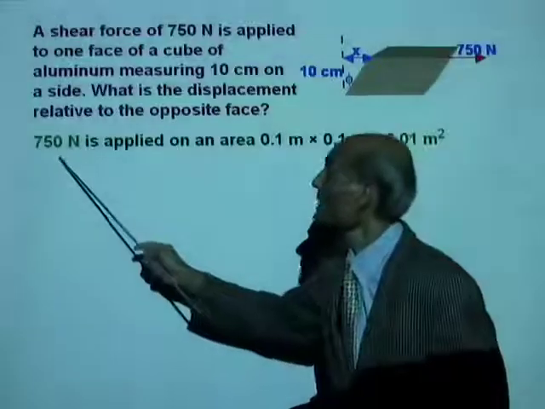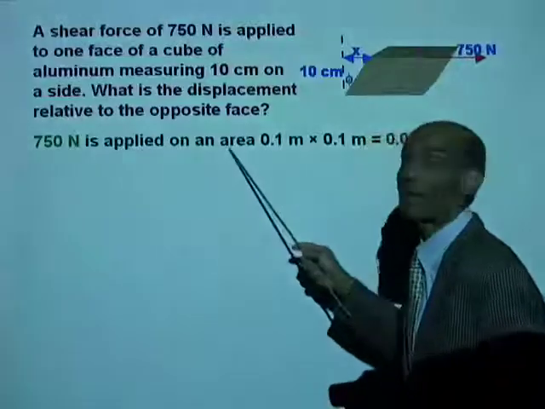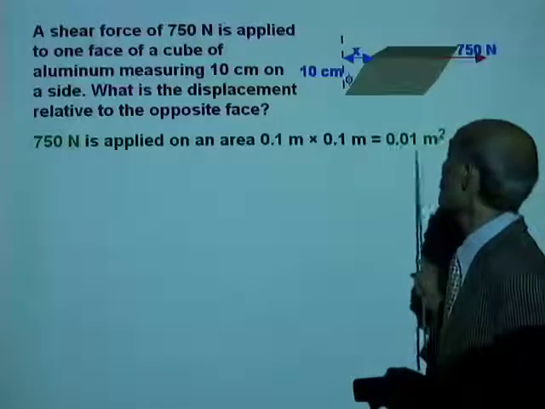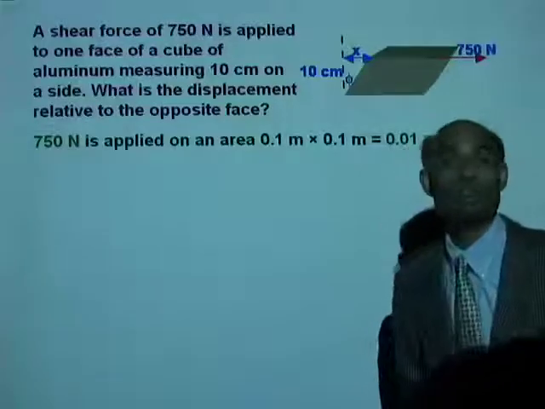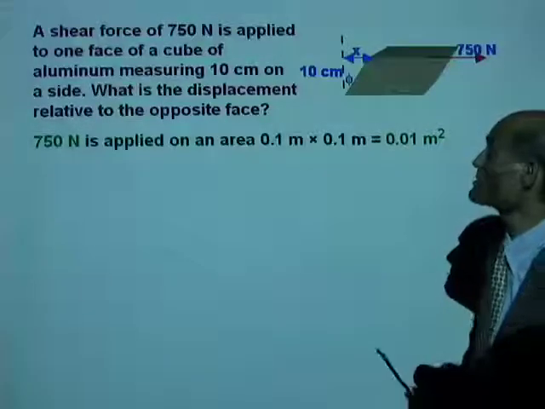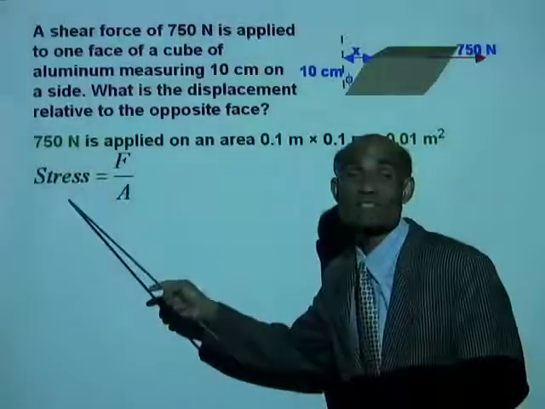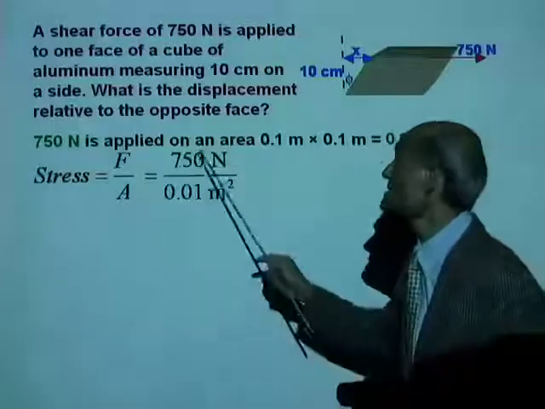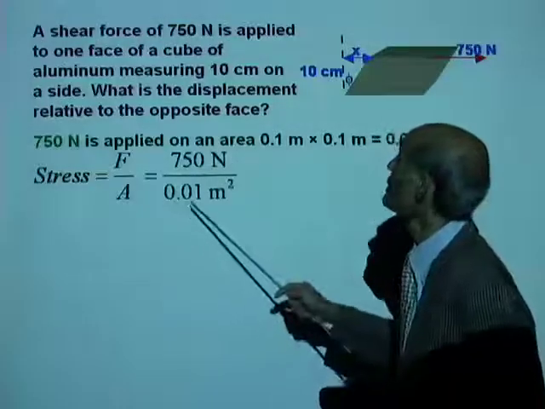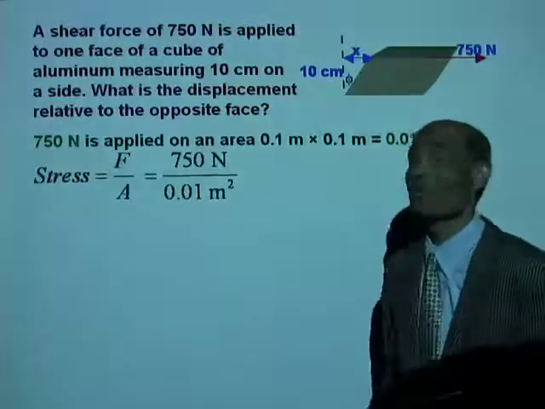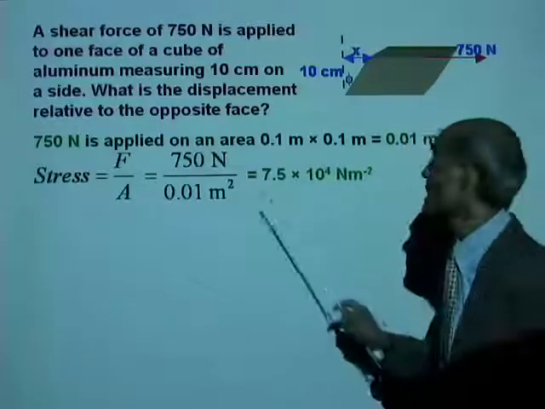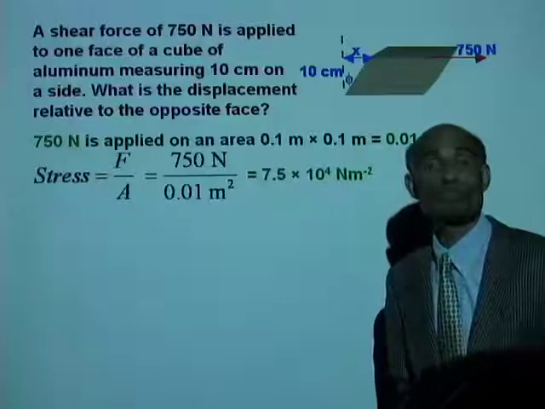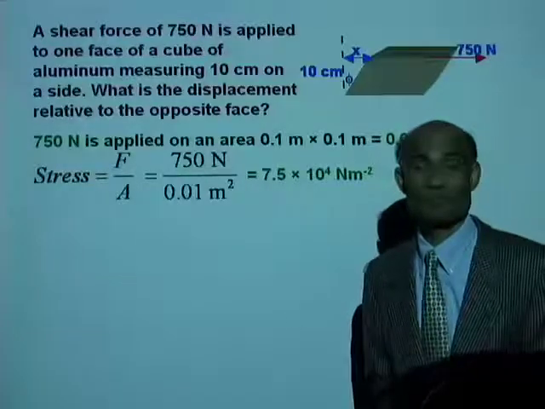Okay, 750 Newton is applied on an area 0.1 meter times 0.1 meter, that is 0.01 meter squared. Therefore stress is force divided by area, that is 750 Newton divided by 0.01 meter squared is 7.5 times 10 to the 4 Newton per meter squared.